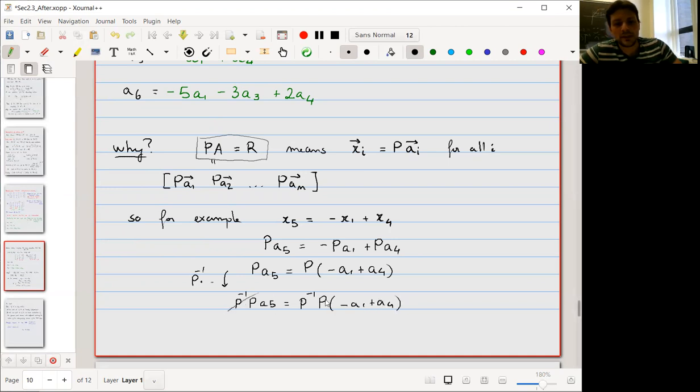Now P inverse P becomes the identity matrix, so I get my relation A5 equals minus A1 plus A4. And you see those two relations are the same, except one is written with the columns of R and one is written with the columns of A.